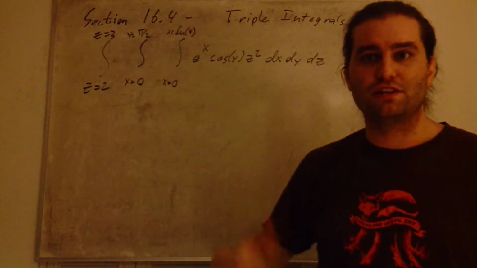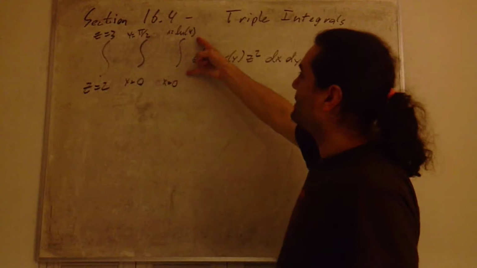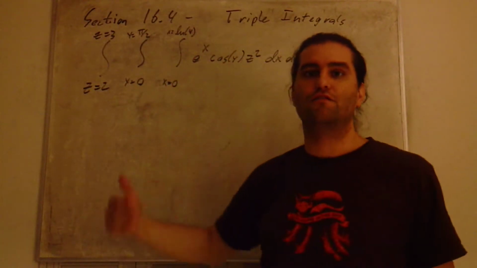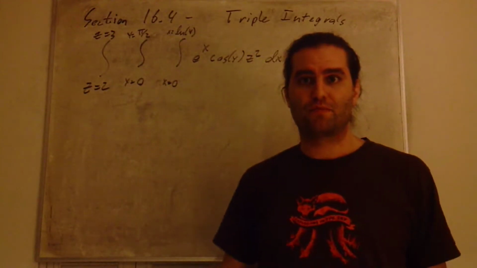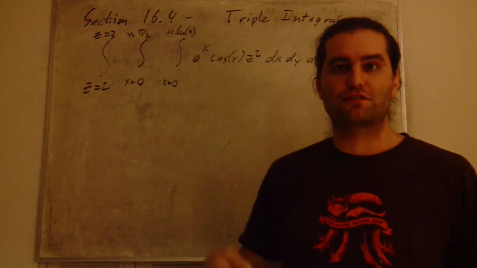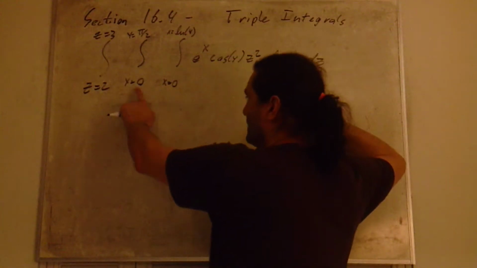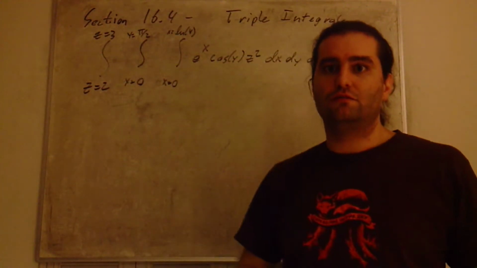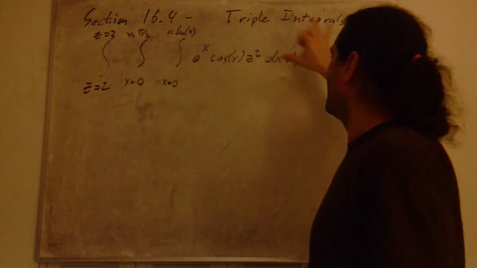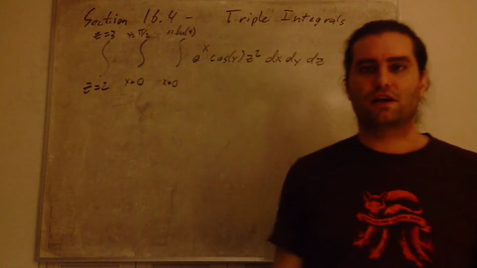Your innermost integral, in our case this dx integral, the bounds can be a function of y and z. Your innermost integral bounds can be a function of the other two variables. And then the middle integral can have bounds that are a function of the last variable. And your last integral always has constants.